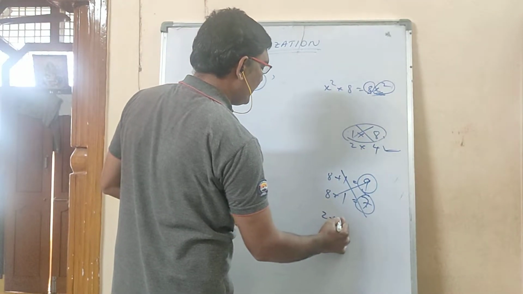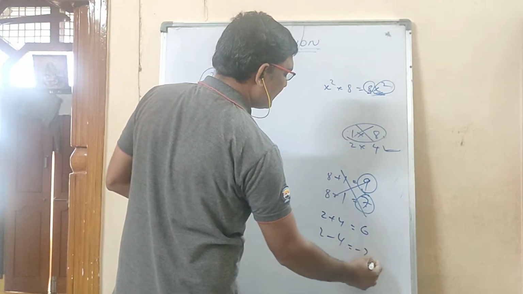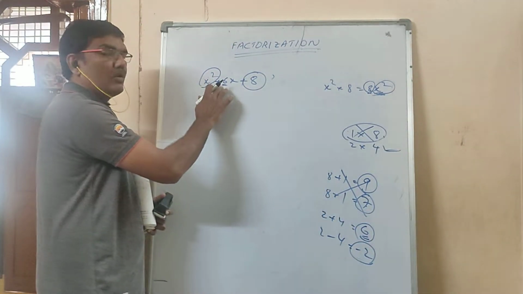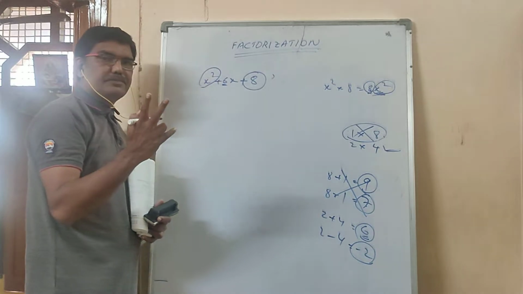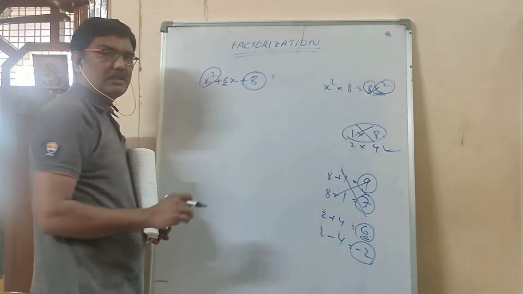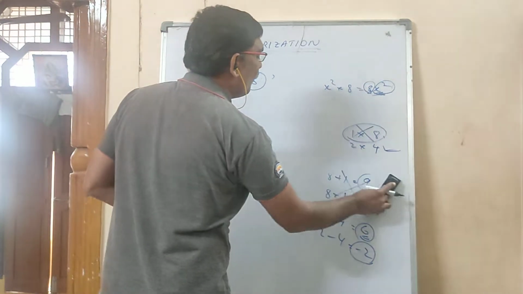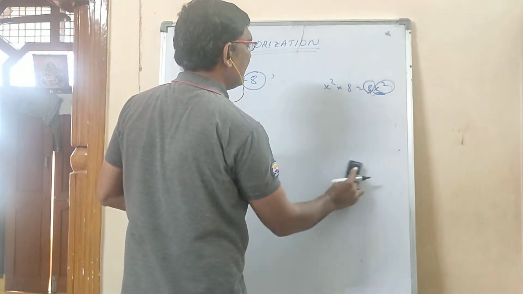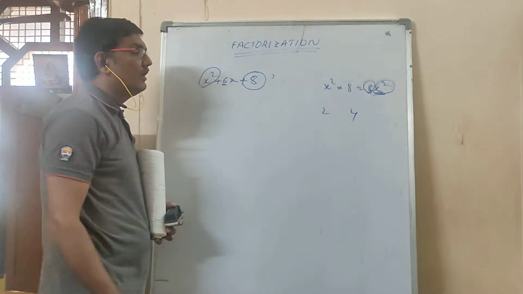Add and subtract: 2 plus 4, 2 minus 4. 2 plus 4 is 6, 2 minus 4 is minus 2. Leave the symbol off. You are getting 6 here or not? So you have to select two numbers. Their product must be 8. Their sum must be 6. Like that you should guess two numbers. The guessing numbers are 2 and 4, isn't it?